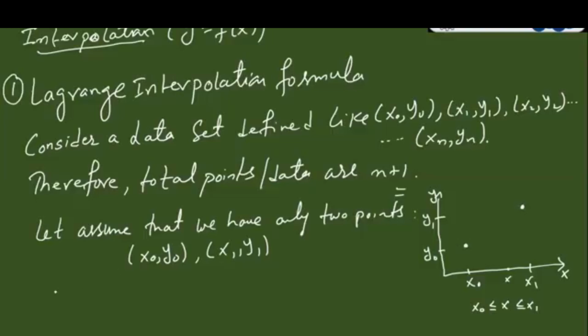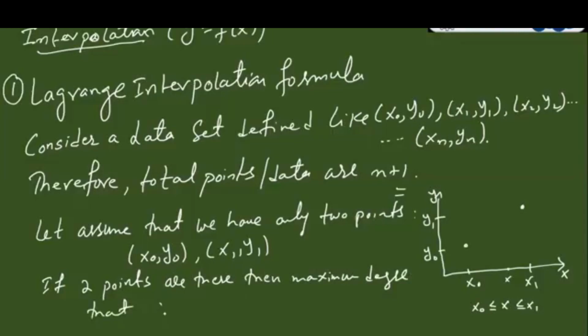So what's the point? If 2 points are there, then the maximum degree that could be fit on the data is 1.